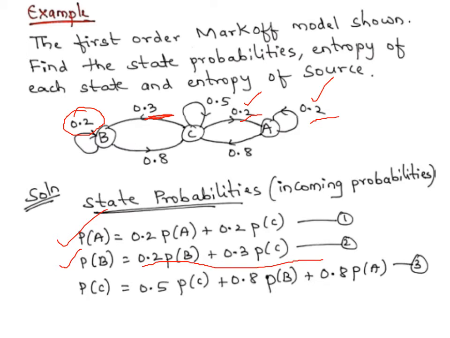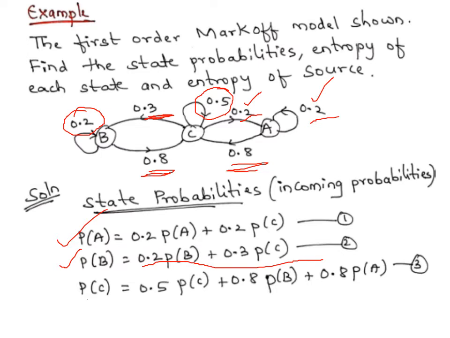Similarly, at state C, the incoming probabilities are 0.8 which is coming from state A. One more is 0.8 which is coming from state B. And one more incoming probability is 0.5 which is coming from C itself.